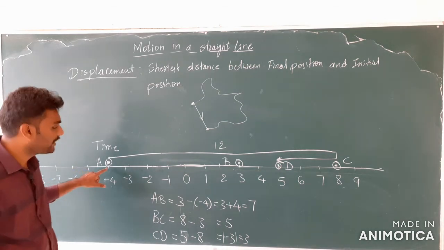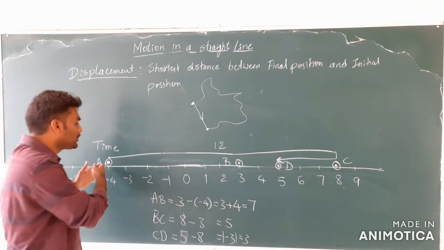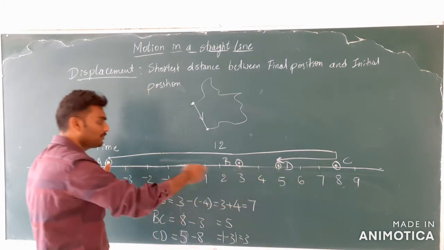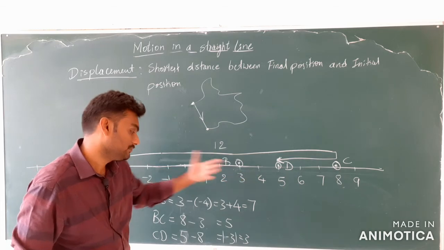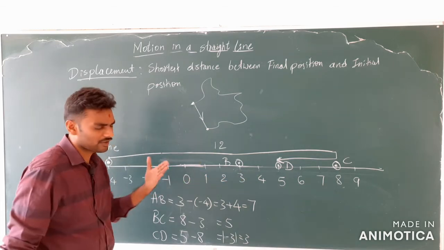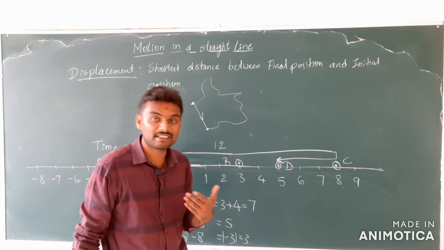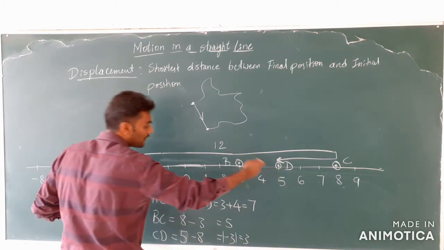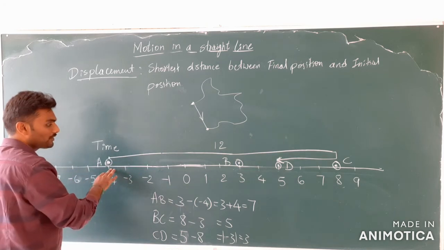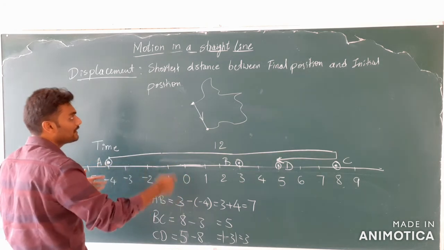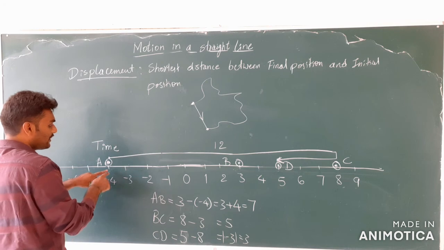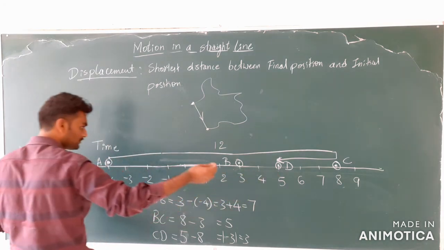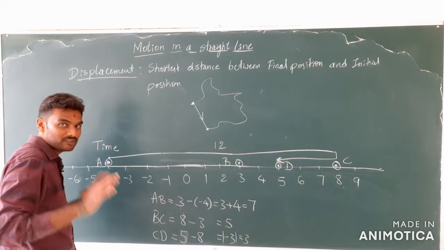Initial position of the body is A, and the shortest distance between them, okay, the shortest distance or shortest length between the positions, to be precise, final position and initial position, okay, itself is displacement, which means I should now measure it from A to D. That's it, directly. That is the displacement.